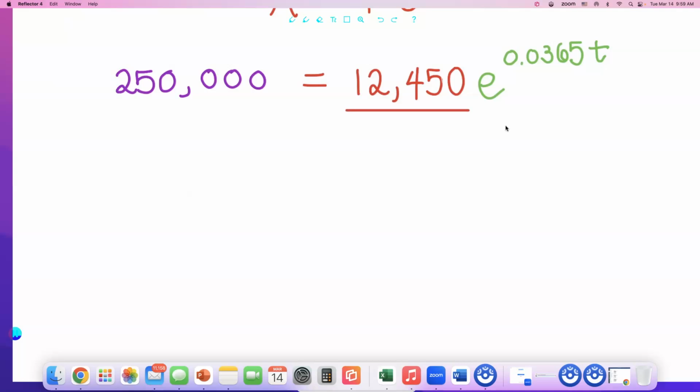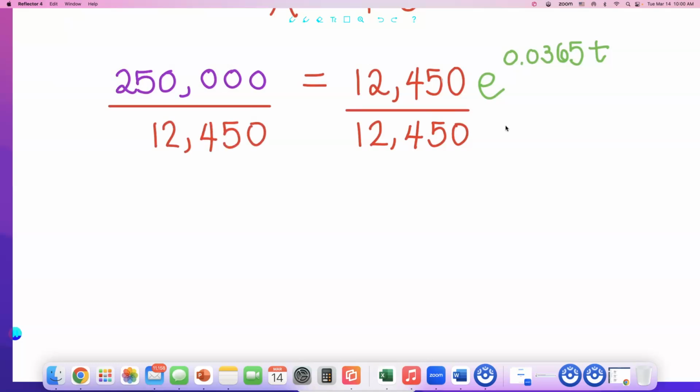Let's divide both sides by 12,450 to cancel that out. I have a calculator on my phone that I'm just going to use to divide. So what is this amount divided by 12,450?